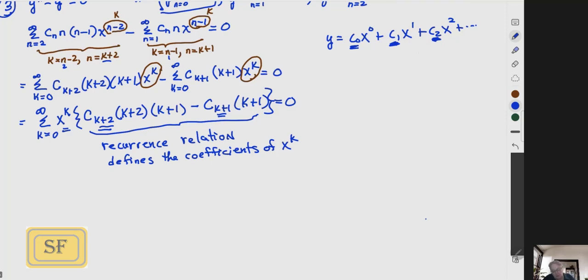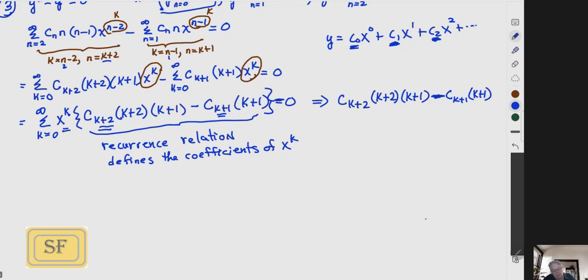So I'll bring that out. I'm going to bring out the recurrence relation. I think for space purposes, I'll do that to the right here. And that gives me c sub k plus 2 times k plus 2 times k plus 1 minus c sub k plus 1 times k plus 1.